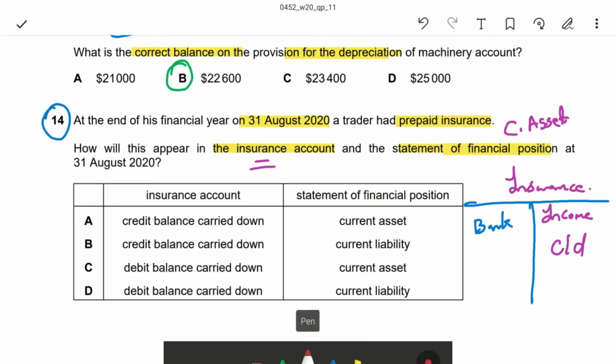The current year amount is transferred to the income statement, and the balance will be prepaid to the next year. So the correct answer is insurance account, credit balance carried down; financial position, current asset. The first option is correct, Option A.